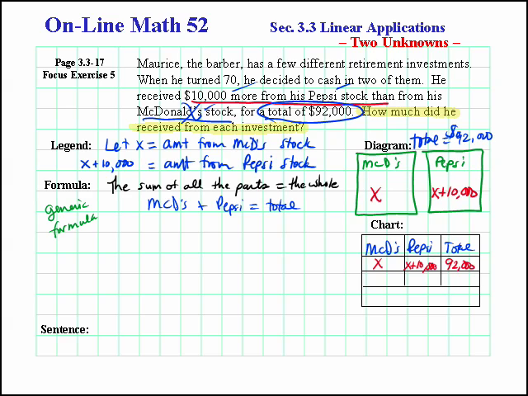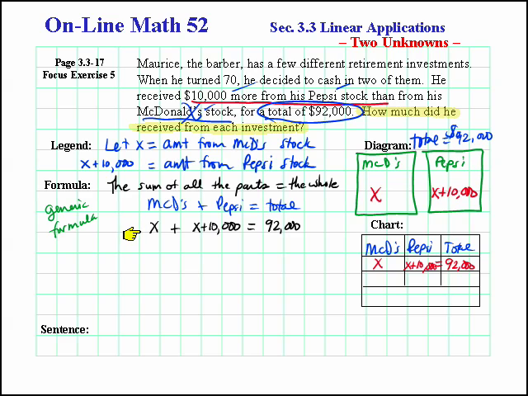You can put an equal sign right here and a plus sign there if that's helpful. When we put it back into the equation, McDonald's is x plus Pepsi is x plus 10,000, and the total is 92,000. And again, we simply have an equation, and we have to solve the equation.